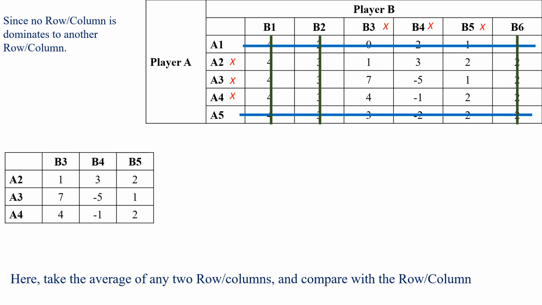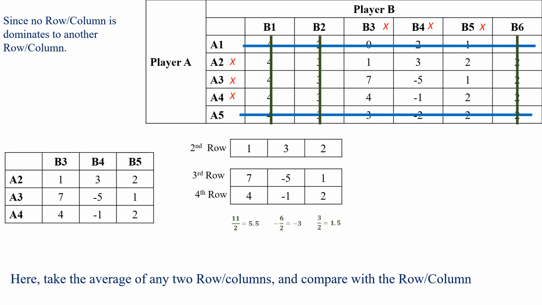So first we have to compare the second row elements with the average of the third and fourth rows. So second row elements are 1, 3, 2, and the average of the third row and fourth row elements are 7 plus 4, that is 11 by 2, 5.5. So minus 5 minus 1 divided by 2, that is minus 3. 1 plus 2 divided by 2, so 1.5.